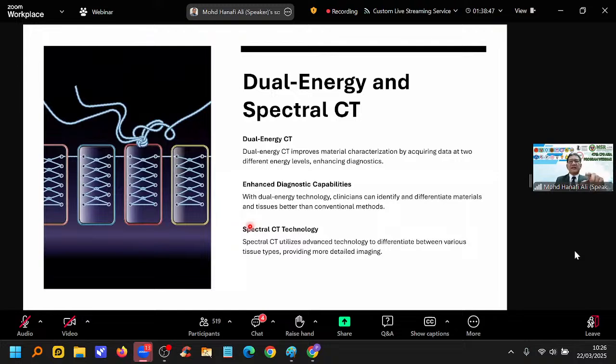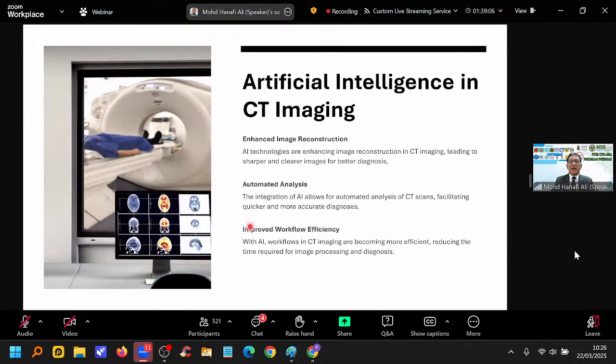Dual energy, of course, with this higher detection method, we can get high and low contrast structures all together appearing in one image, and we can detect abnormality for any specific that we normally have. And artificial intelligence, of course.